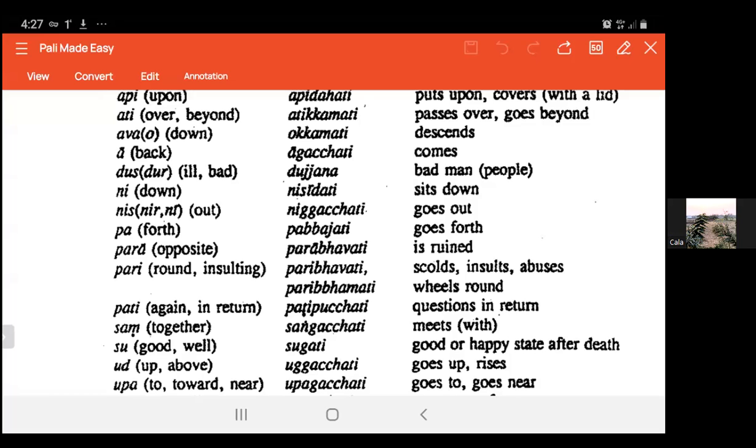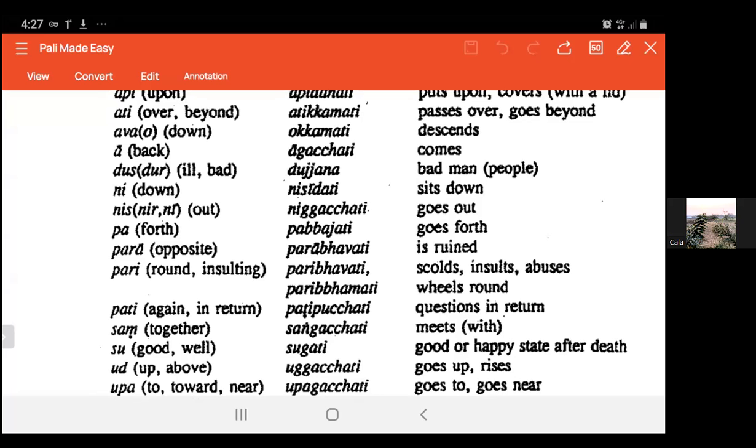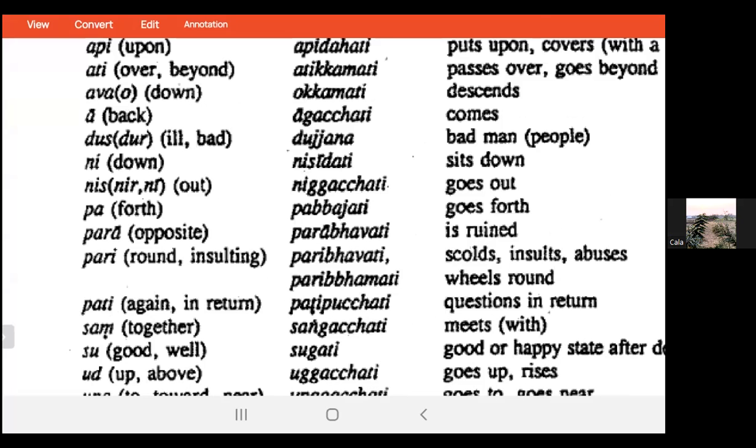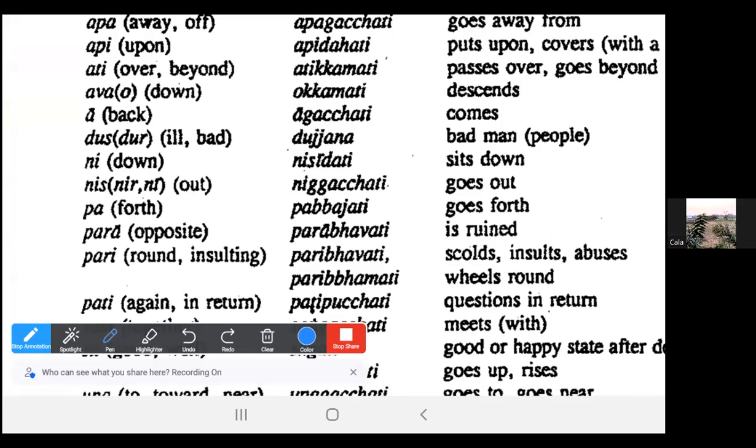Sometimes you even like t, sometimes you will change, like chatu, it will change, pancha, like that. Even cha, number 6, sometimes in different Pali it will change also. So that's why there are many different forms. Of course, your mind tries to fix on one form, but you will encounter other forms. Like just now, you can see nis, ni, they are different forms.